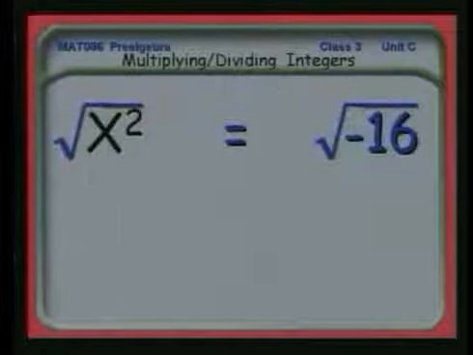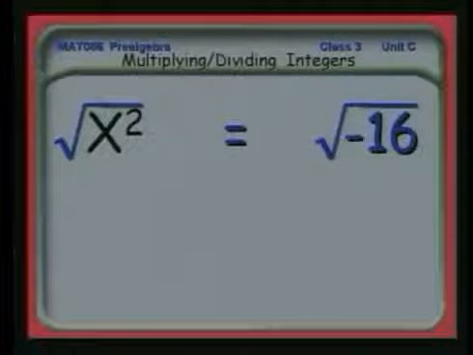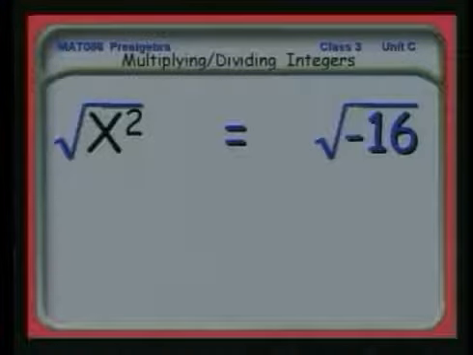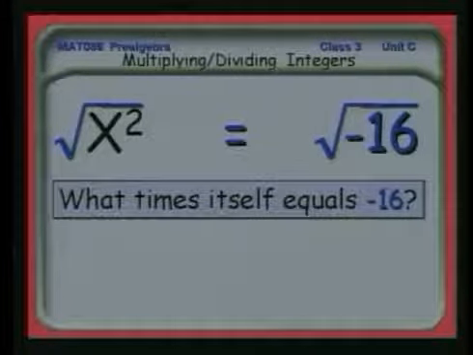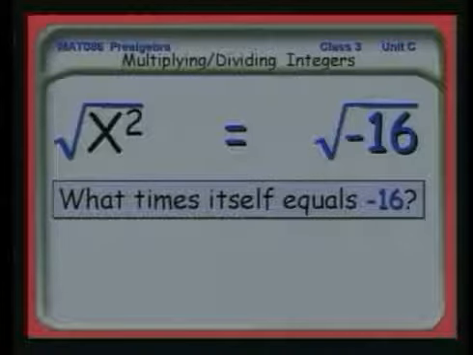One more case that we might want to look at: what about x squared equals minus 16? If I take the square root of both sides, I have to ask myself, is there some number that I can multiply by itself that would give me a negative number? Now, if we think about it, if the number is positive, positive times positive, like 4 times 4 is 16.